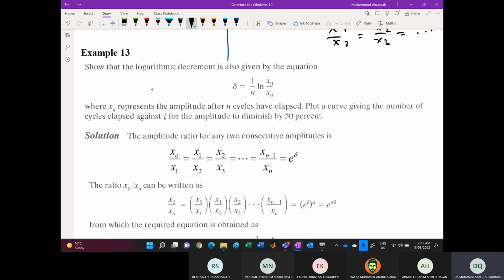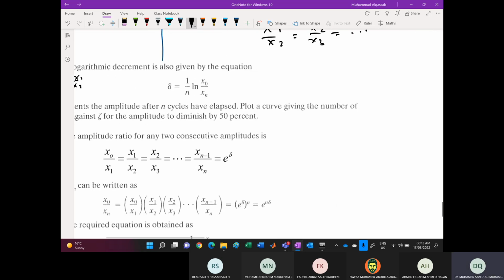The original equation was delta equal to ln x1 over x2. Here the question is to prove, and x1 and x2 are amplitudes of successive cycles. Here x0 and xn are separated by n cycles.